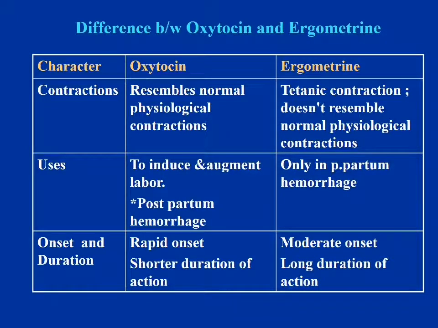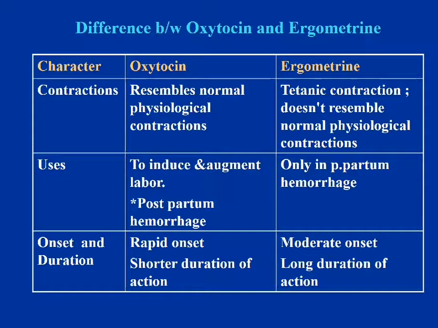What are the contractions of oxytocin? They resemble normal physiological contractions, but the contractions of ergometrine are tetanic and do not resemble normal physiological contractions. Here is the comparison between oxytocin and ergometrine at the level of contractions, uses, and onset and duration. What about uses?